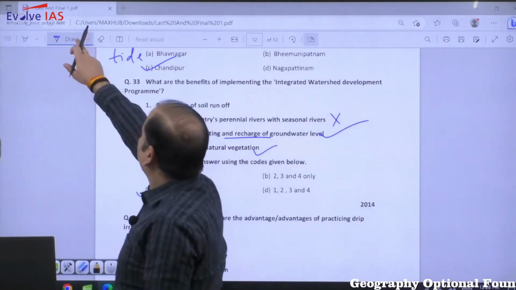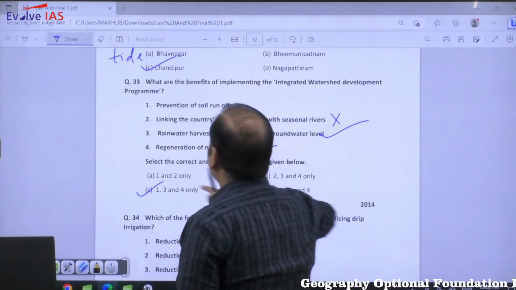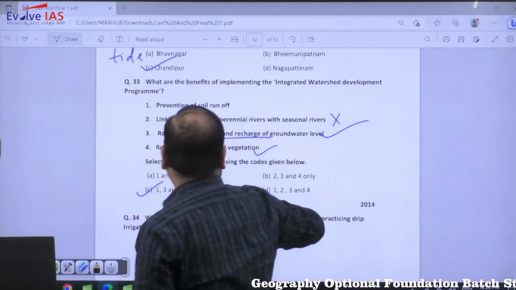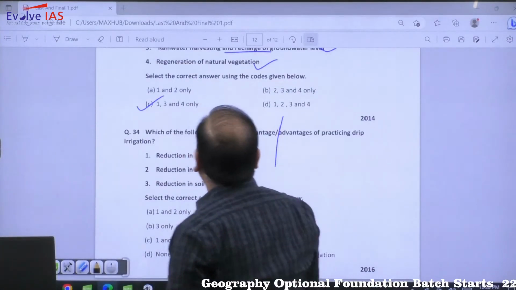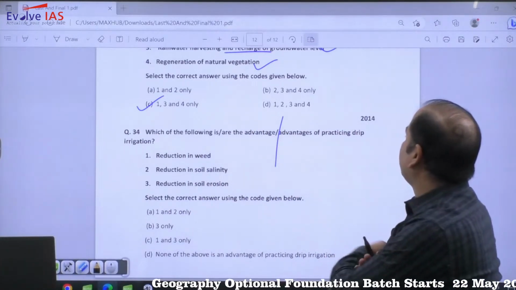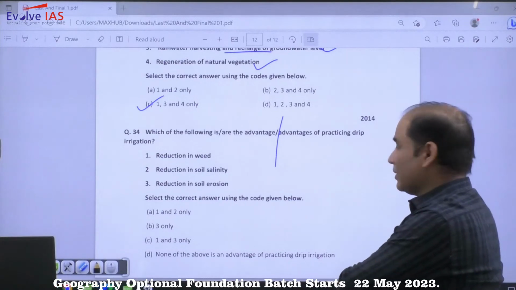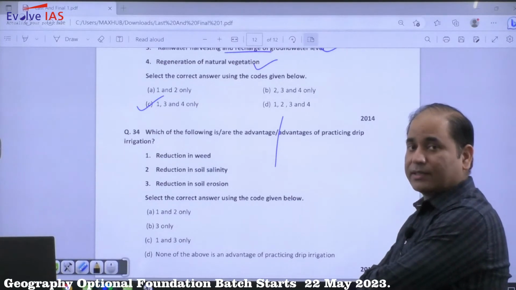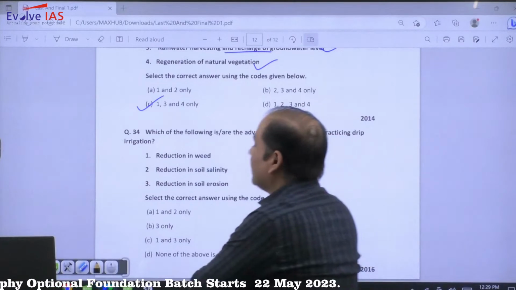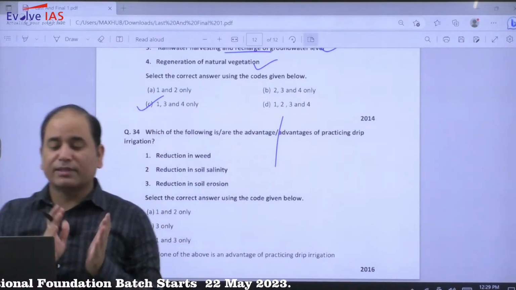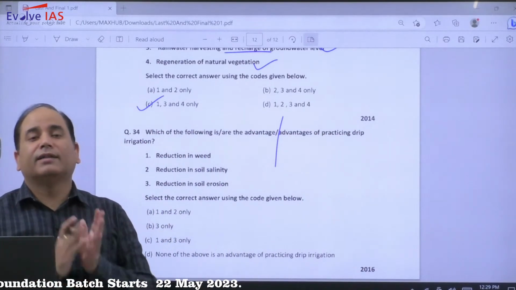Moving to the last question, which of the following are the advantages of practicing drip irrigation? Drip irrigation is one of the modern forms of irrigation. As far as irrigation is concerned, we have two forms, the conventional form and the modern form.